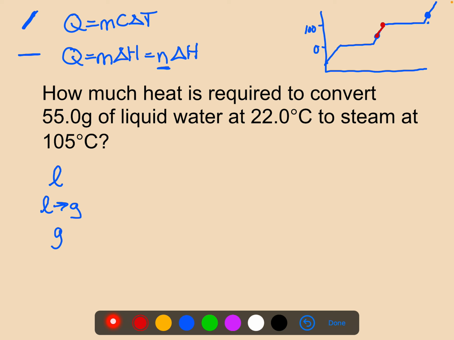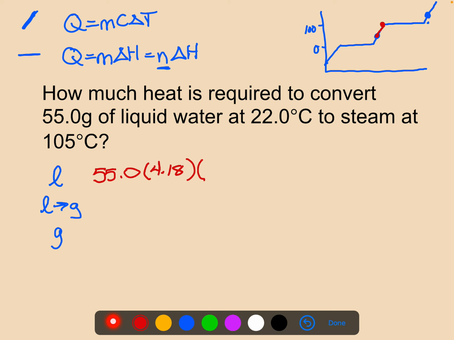We're solving for Q. M, our mass, is 55. C, the specific heat of liquid water, would typically be given within a problem or you would have a table to reference. But for liquid water, it's 4.18. And then our change in temperature. The liquid water is only going up to 100.